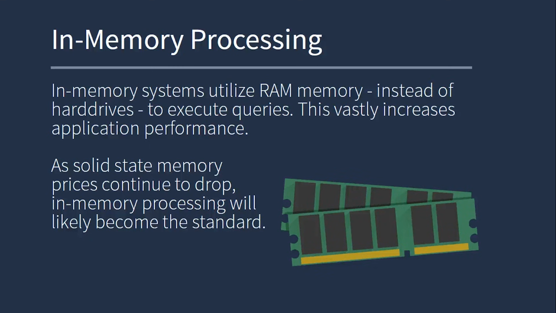It doesn't take as long to query a lot of files, or to store them and move them. The main barrier to using solid-state memory or RAM has been how expensive it is, and getting enough of it to store the massive amounts of data that companies bring in. As solid-state memory prices continue to drop, we expect this will become the standard way to store and process queries.